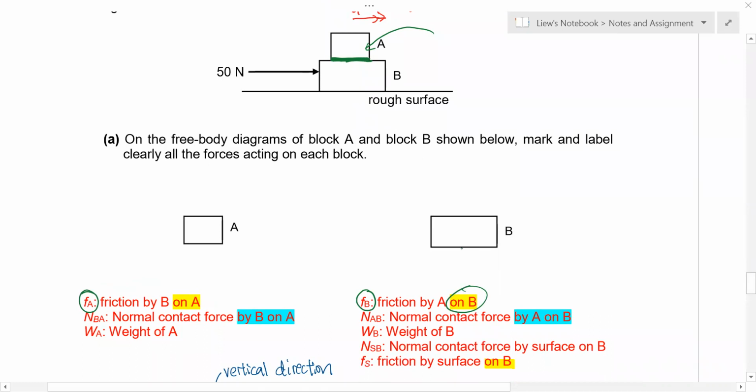So think about it. How should we draw the direction of friction FB? Oh, sorry. Here, this is a contact surface at the top of B. Over here, how should you draw the direction of friction at the top?